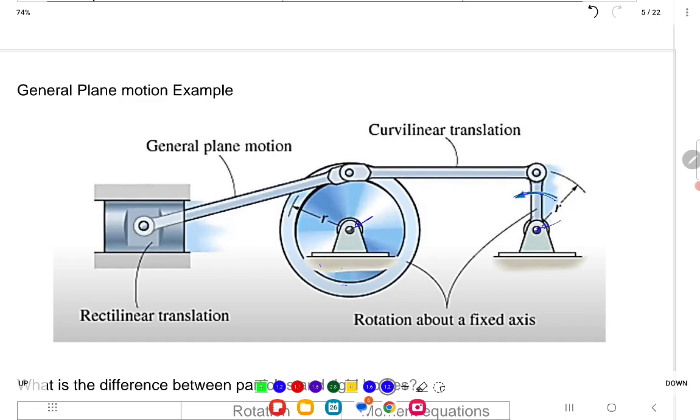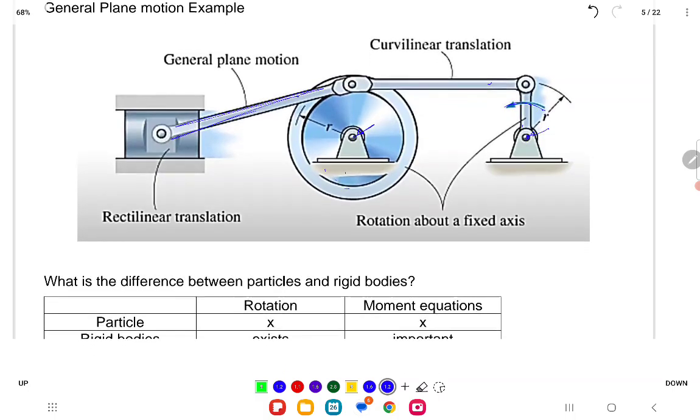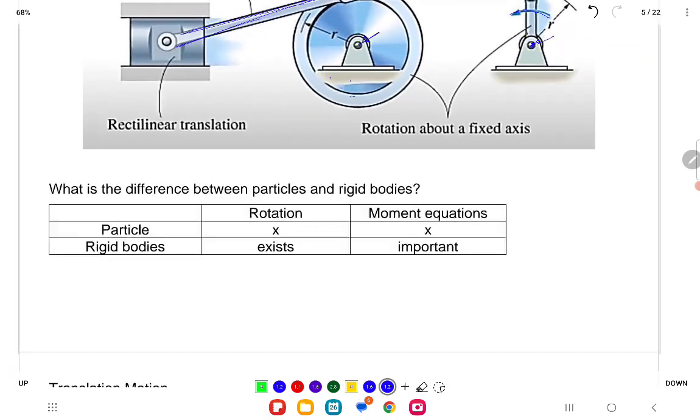However, this link has a curvilinear translation. So in the end, you have general plane motion. This one will be rotating and also translating from one point to another. So that's a combination of both rectilinear translation and rotation about a fixed axis or fixed point.